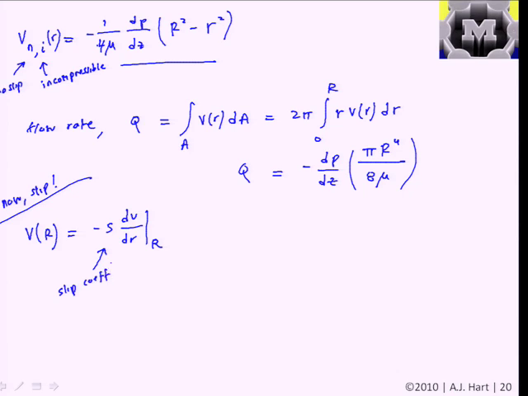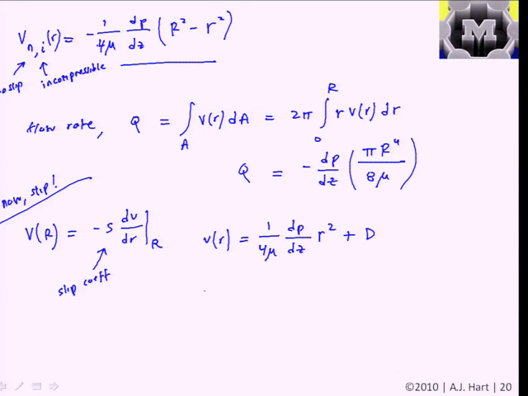And before we solved for the value, we had v of r being equal to 1 over 4 mu dp dz times little r squared plus d.